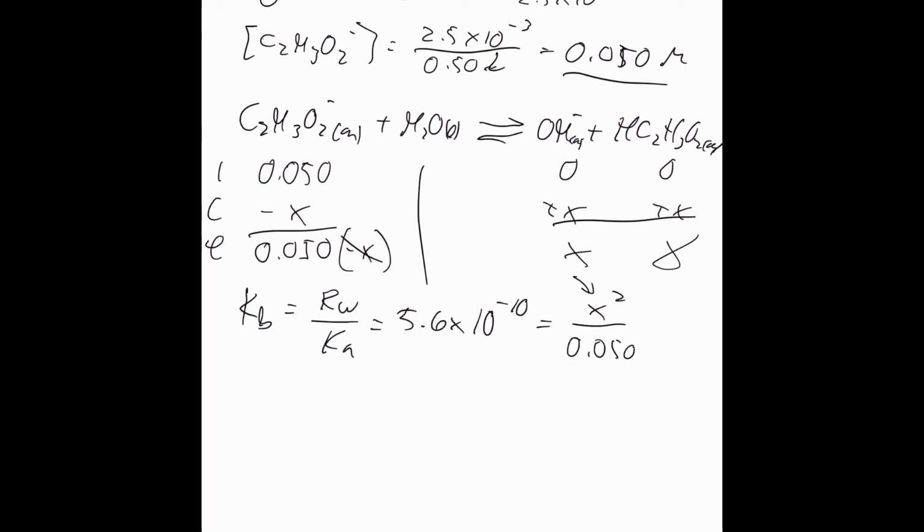Once again, I'm going to assume that x is small, because the K is very, very small as well. And so our x is going to be our OH minus concentration, which is 1.7 times 10 to the minus 5.